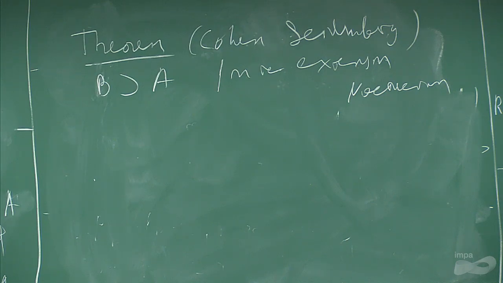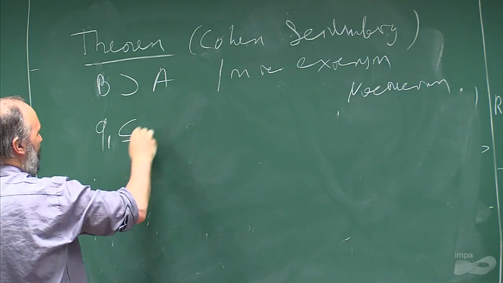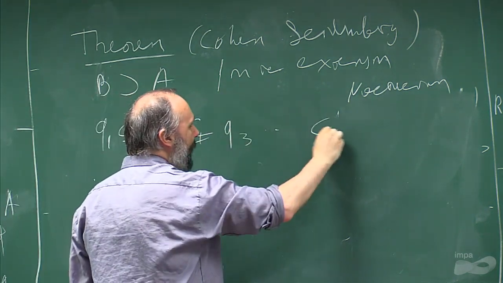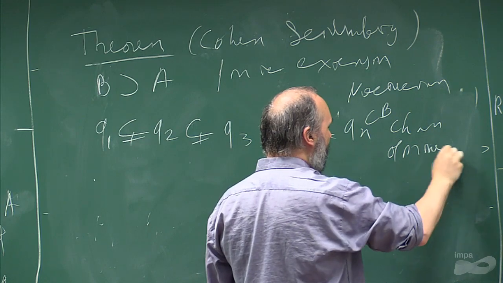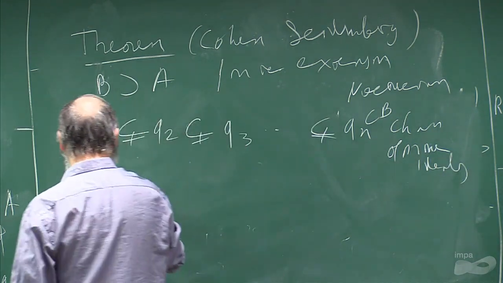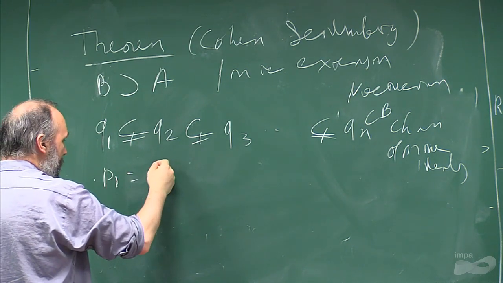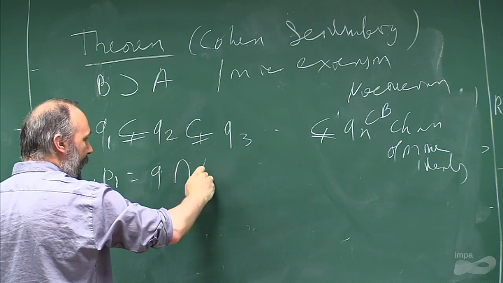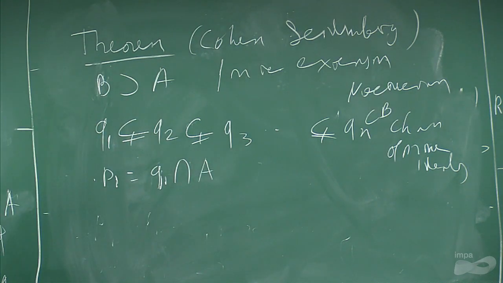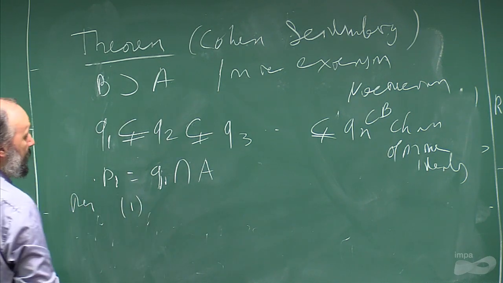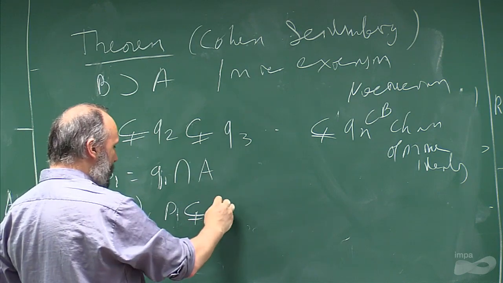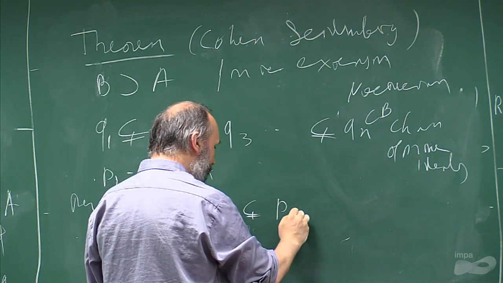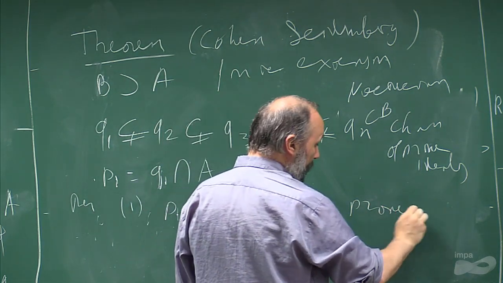And then you have a chain of prime ideals Q1 contained in Q2, contained in Q3, and so on, contained in Qn, a chain of prime ideals in B. And then P_i is Q_i intersected with A. Okay, and then first, P1 is contained in P2, contained in P3, and so on, proper inclusions.